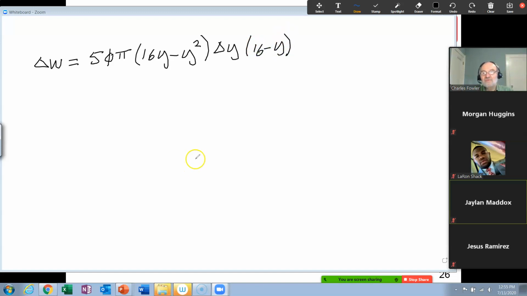Okay, so what we're going to do now is the 50 pi is just a constant, so let's keep that on the outside. Now the delta y, we're going to move over here. What we're doing now is multiplying these two binomials together. So 16y times 16 is 256y.